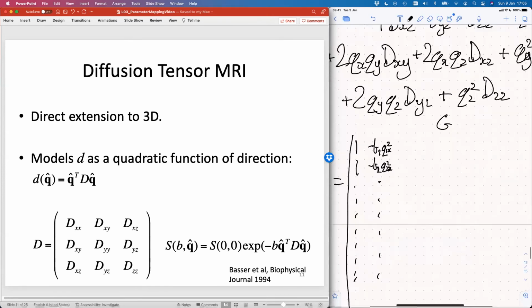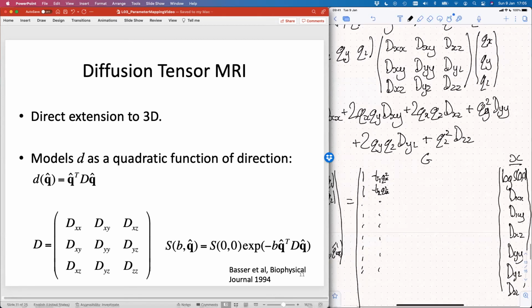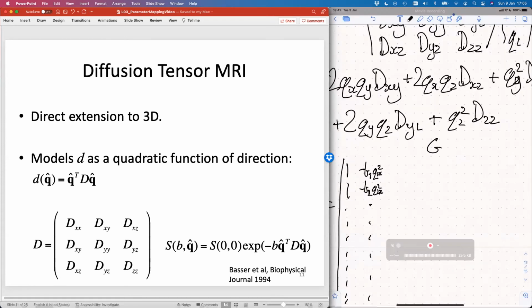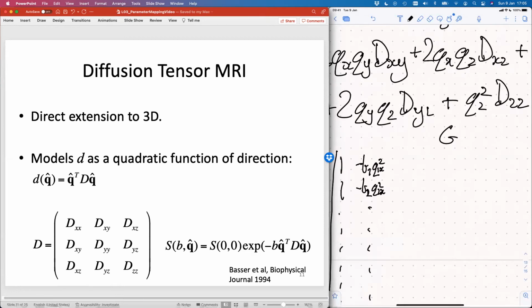Then similarly, the next unknown is dxy. Its coefficient is going to be minus b times 2 qx qy. Let's write that in. Minus 2 b1 q1x q1y, sorry, should have a 2 there, shouldn't we? Next one is dxz. That's going to be similarly minus 2 b1 q1x q1z.